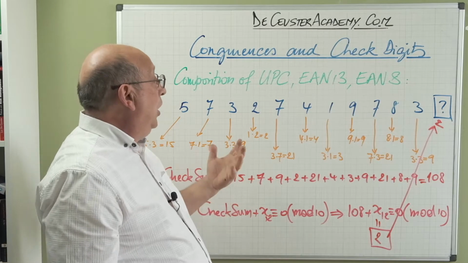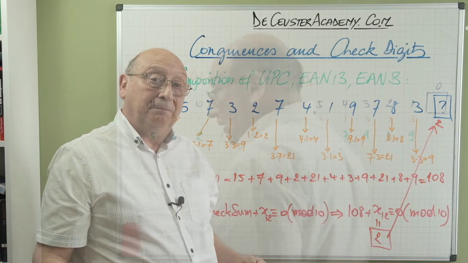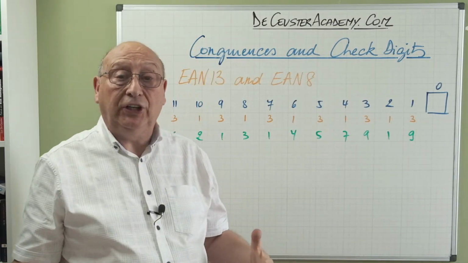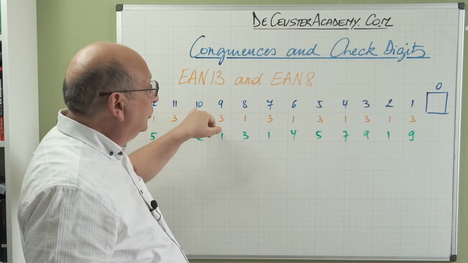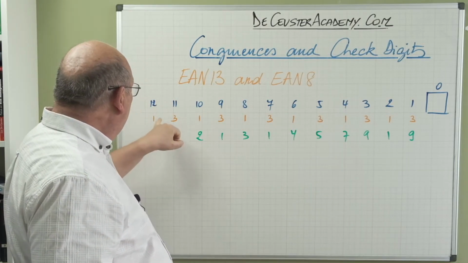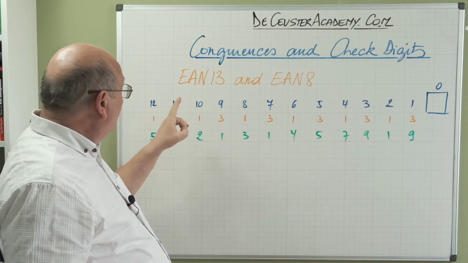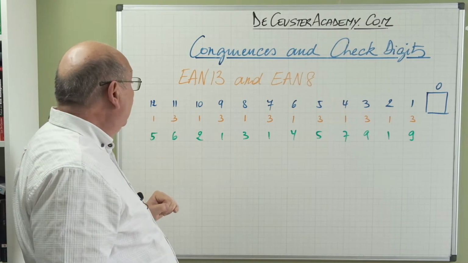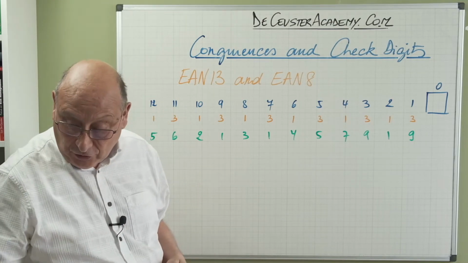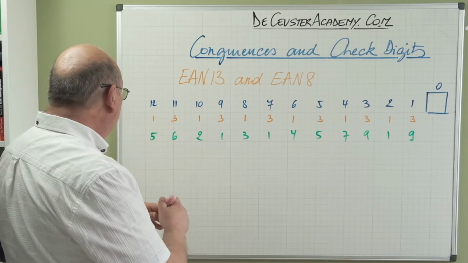Let's now have a look how we do it with the EAN code 13. The EAN code 13 is similar to the UPC. We now start from 12 going to 0, and the even number starting from right to left in this case, so the highest number 12 is in fact the first number of the EAN code. Now when we are looking at this, we are going to do the same multiplication.